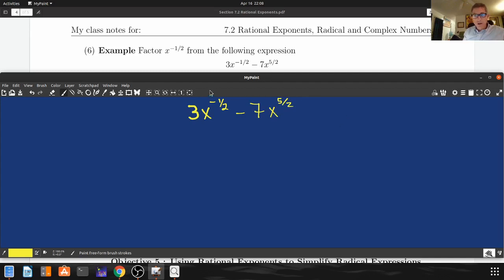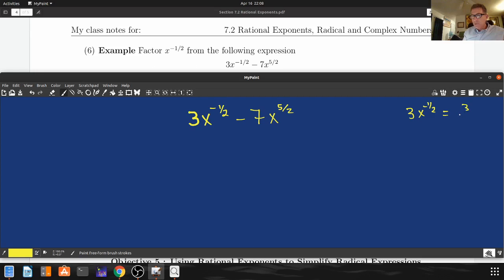Because you're thinking, oh, wow, I have to make that into, well, just a really quick question. What would 3x to the minus 1/2 be if I were writing that, just this one term with positive exponents? Notice the base is x, not 3, but just x.